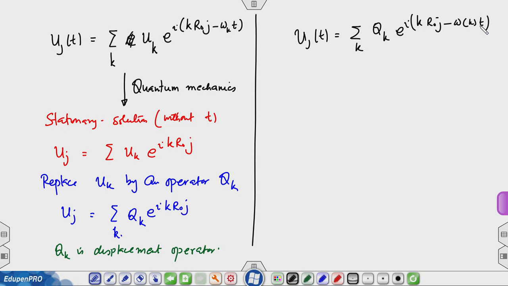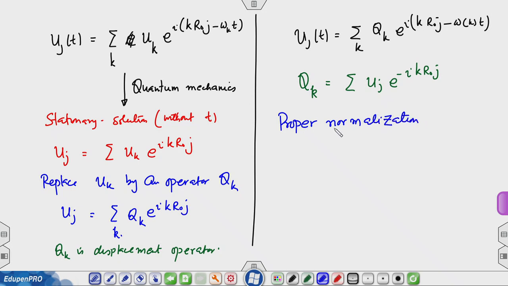In the same manner, if I take the Fourier transform, the q k operator is going to be equal to summation. For normalization, let me also write divide by proper terms. So, let me write this first and then we will come to that. u j e raised to minus i k r naught j, that is about it. And now, let us properly normalize it, just like we do in Fourier transform.